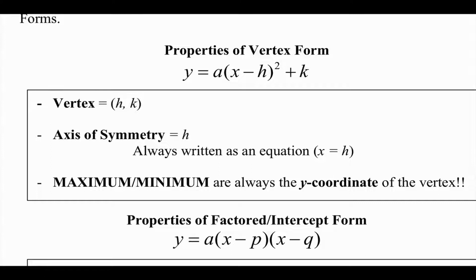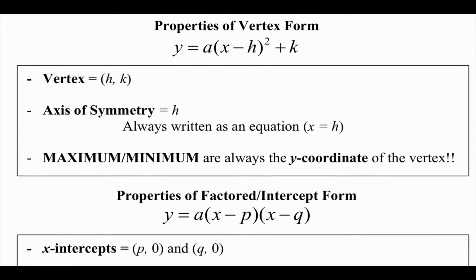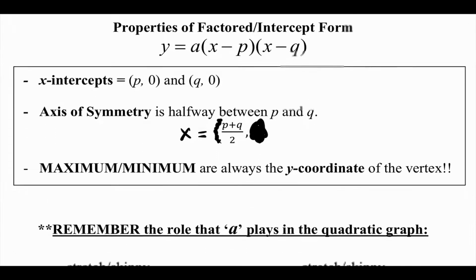Okay. Maximum and minimum is always the y coordinate of the vertex. All right. So we don't have to do a lot of the work that we had to do last week. It's a little easier. Okay. It definitely has its parts, but it's not as bad as last week when we had to use the formula.